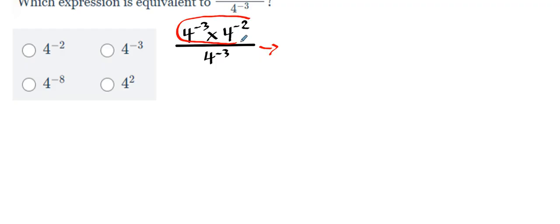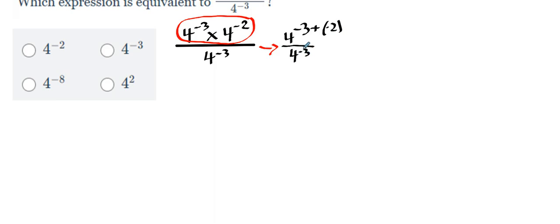I'm going to simplify this part right here by combining 4 to the negative 3 times 4 to the negative 2. And the way we would show work for that, because we're multiplying and we have base 4, we're just going to add those exponents together. So I'm going to put 4 to the negative 3 plus a negative 2. And that's still over 4 to the negative 3.